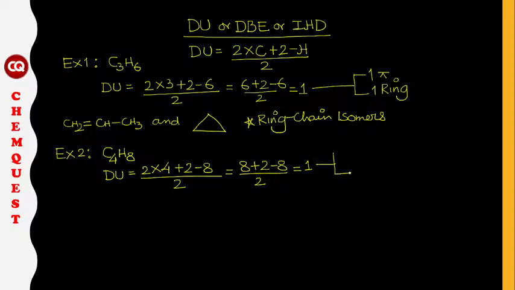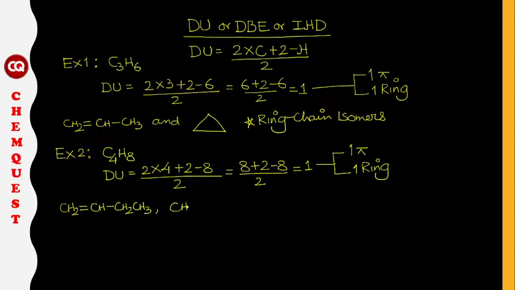Again the same topic. 1 means 1 pi bond or 1 ring. Now 4 carbon, first starting with CH2 double bond CH single bond CH2 CH3, but-1-ene.